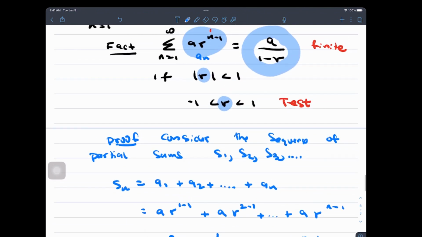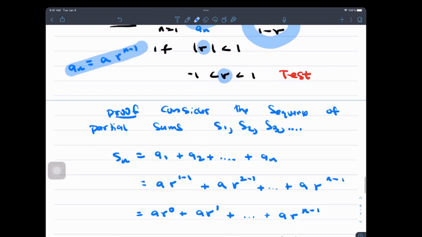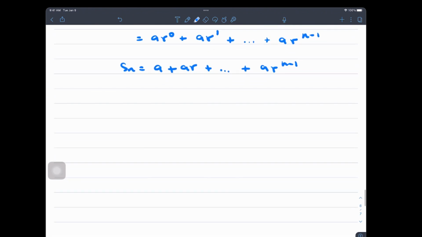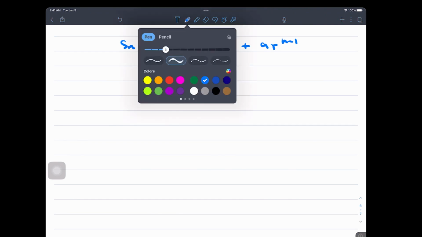Because your an is ar to the n minus 1. You're using this right there. There's your an. Okay, what's the deal now? Here's your Sn. Now what you do is exactly what we did before.